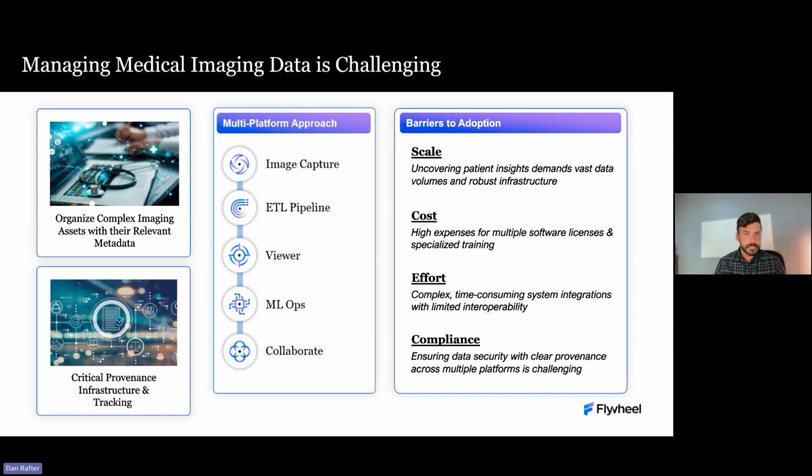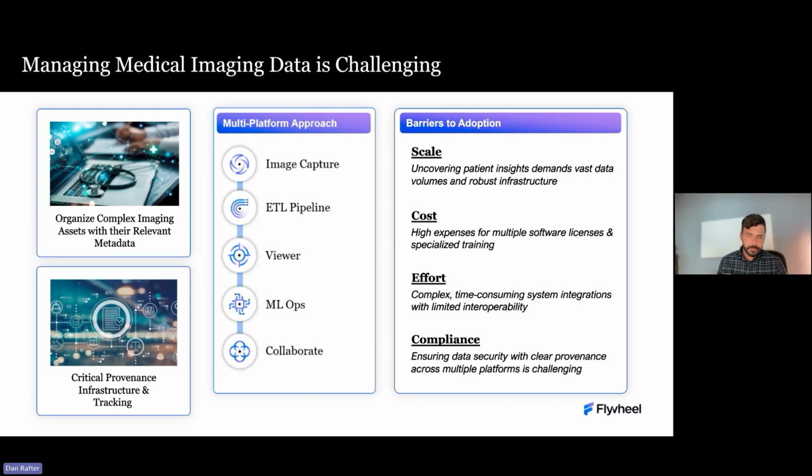That could be a vendor-specific viewer or a general tool. And as you get to a point where you've generated ground truth and are ready to do your machine learning, then you will find your preferred MLOps solution. And then there's going to be another platform in which you're going to have to work to collaborate, whether that's inside your institution or externally.